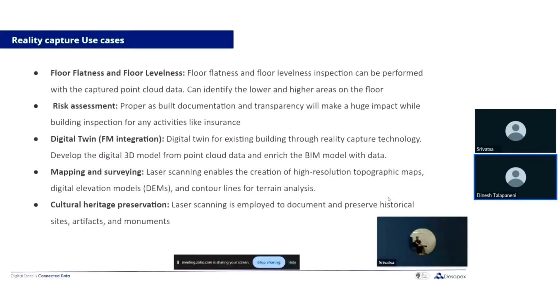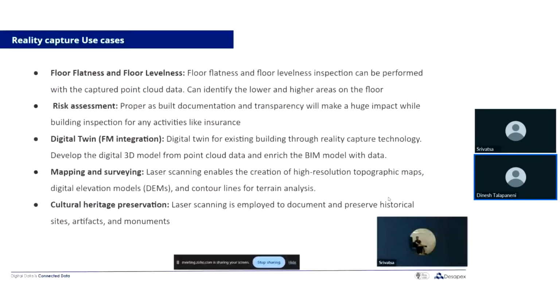And digital twin: for existing properties we do 3D model scanning, mapping and survey, where you can generate topo or terrain conditions, contours, and digital elevation models for planning analysis. Also for cultural heritage preservation, where a lot of preserved heritage sites have been scanned and the data stored.